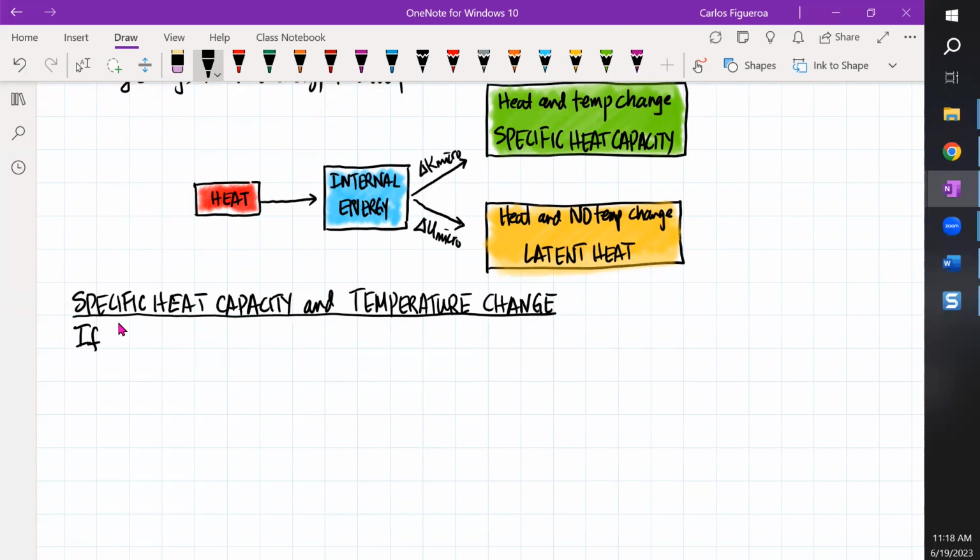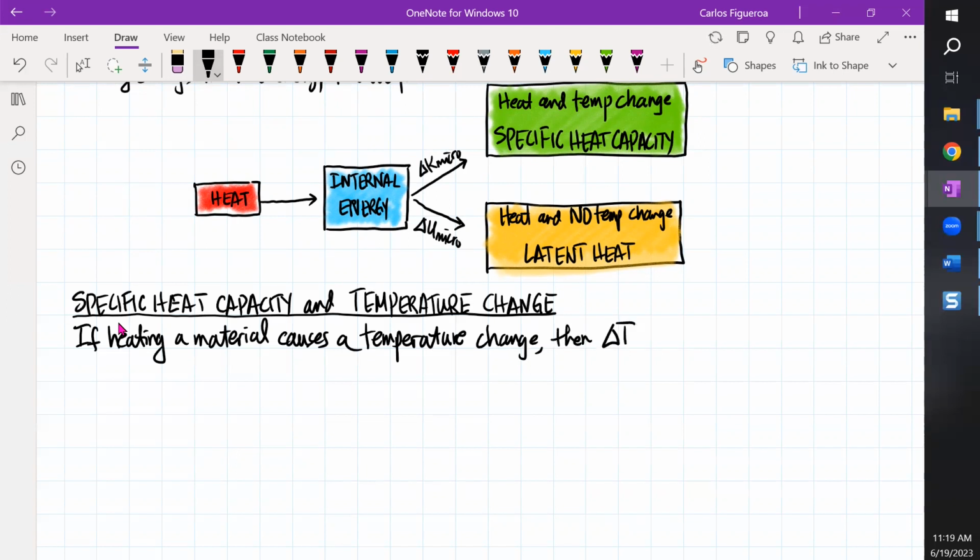If heating a material causes a temperature change, then we know that the change in temperature is proportional to the change in microkinetic energy.